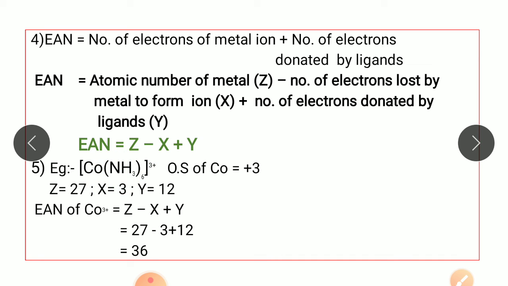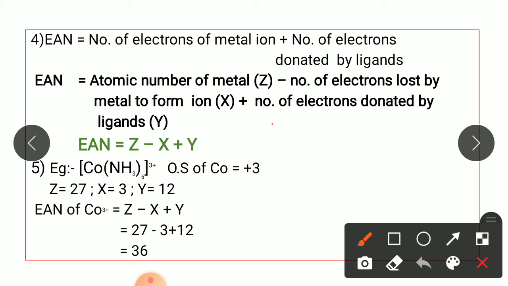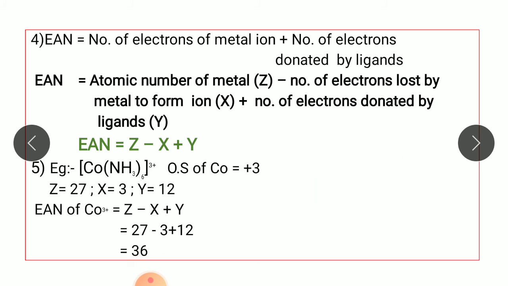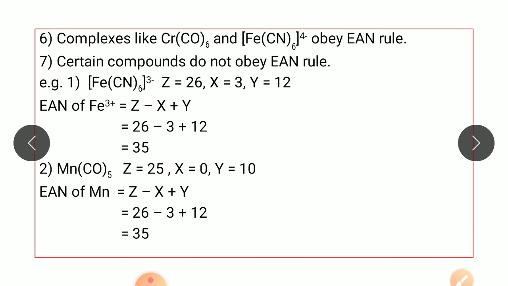Ammonia being a monodentate ligand, one ammonia will donate 2 electrons. So 6 into 2 is equal to 12, so the value of Y is 12. Substituting the values, we get Z minus X plus Y, that is 27 minus 3 plus 12, which is equal to 36. So cobalt in this complex follows the EAN rule.